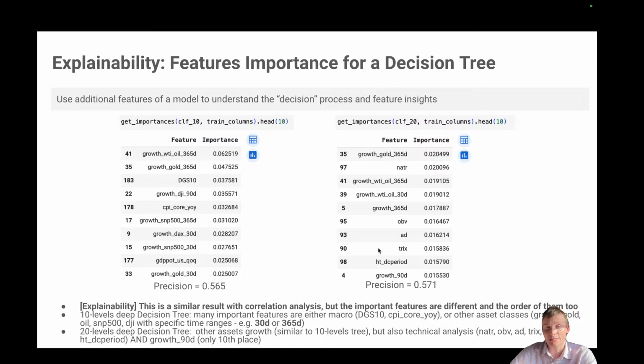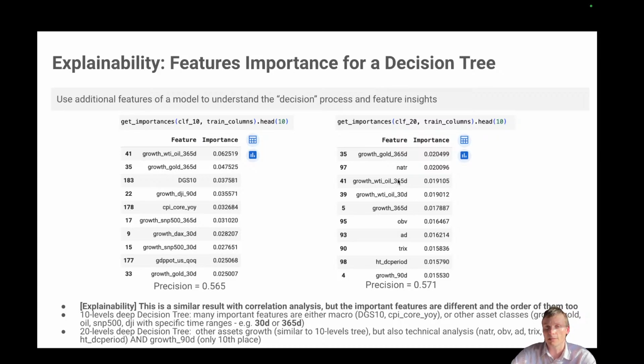And the right model, with slightly higher precision, says that no, actually, let's look not only at the macro parameters, at gold growth, oil growth with different time periods, the 365 days versus 30 days.